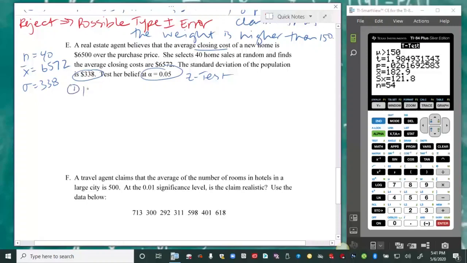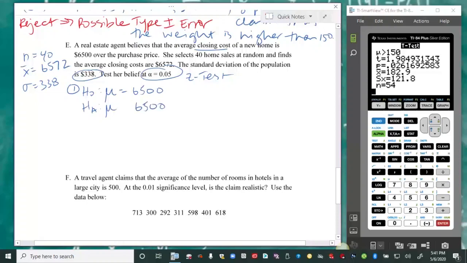Okay, so step number 1, our hypotheses. This is a test of the mean, so we always start with mu equals for the null hypothesis. She believes that the closing costs are $6,500, so $6,500. I stick with that number in the alternative hypothesis as well, 6,500.